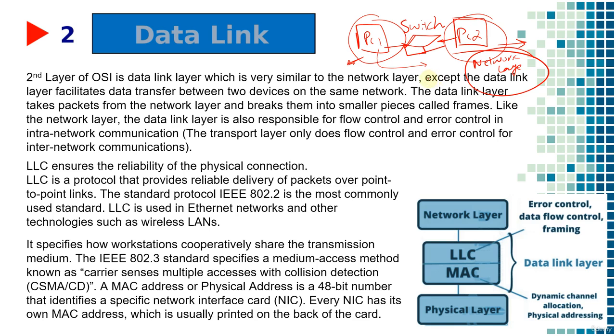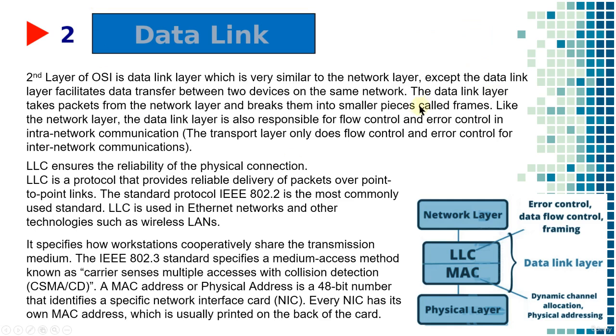If you are in the same city, you can communicate with each other. If you are in different cities, of course, then you have to take a bus and then talk with that person. This is just a layman example to help you understand how the data link layer or network layer works. I hope you get the idea.